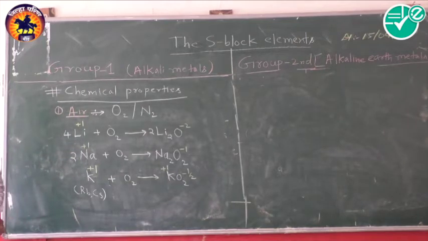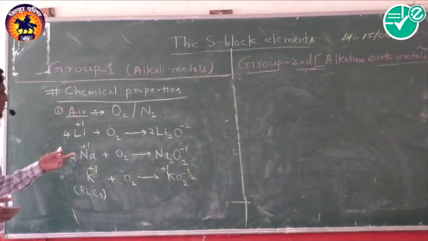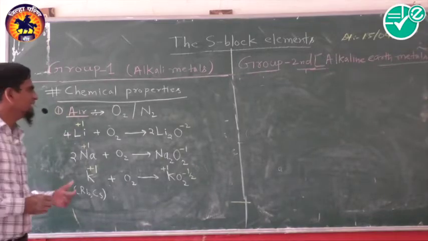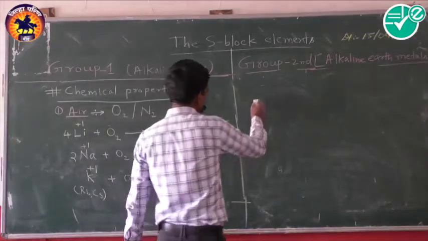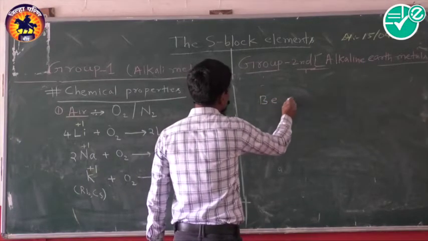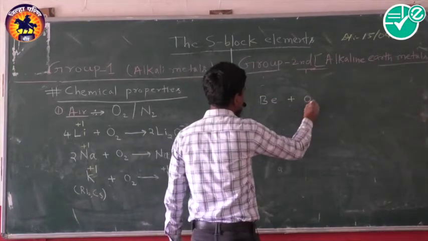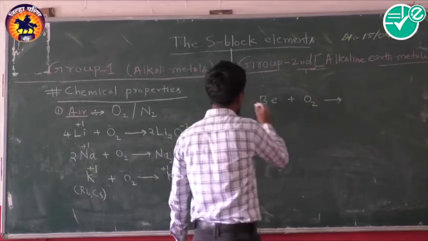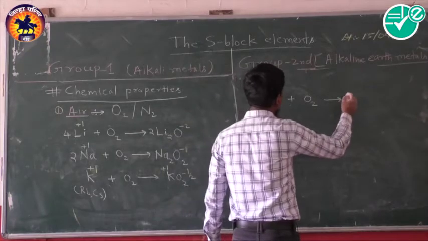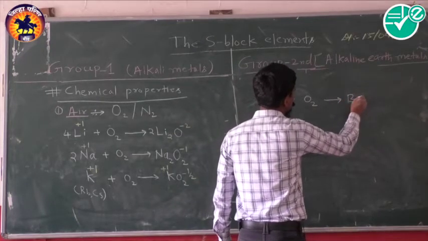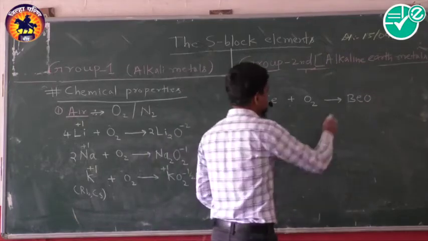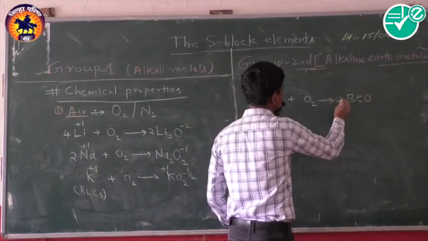Now we will see the chemical reaction of alkaline earth metals with air. If you take beryllium with oxygen, it will form BeO. But this reaction is not directly possible.